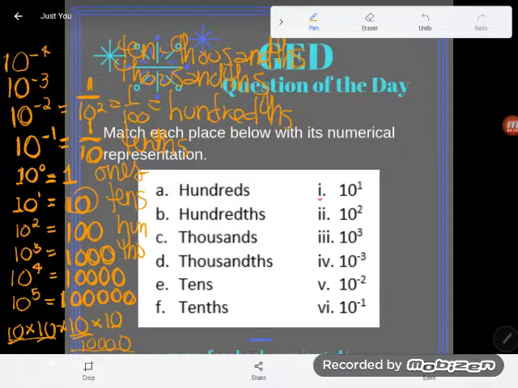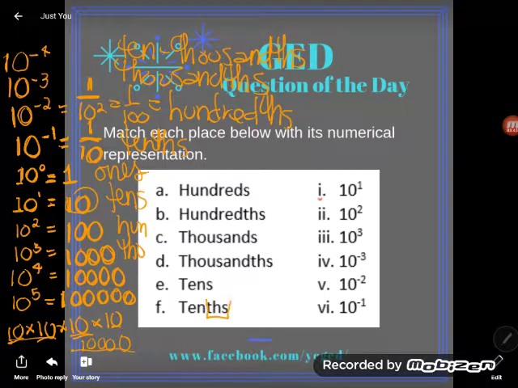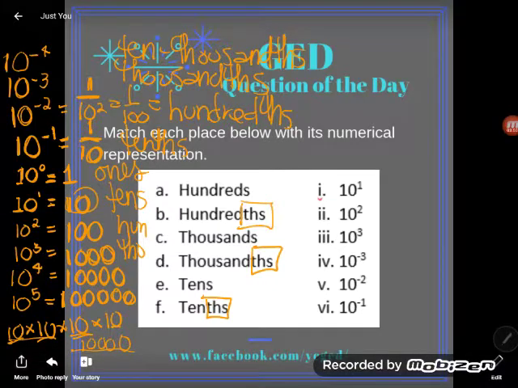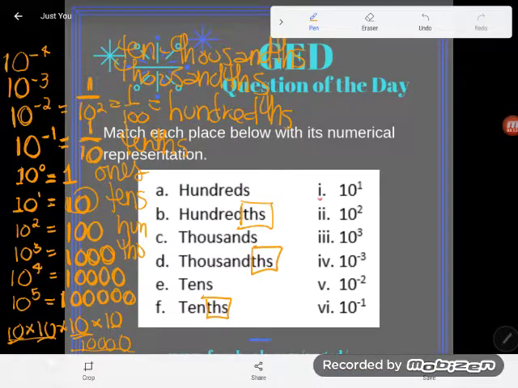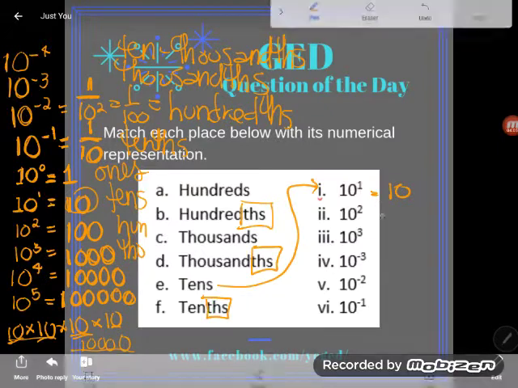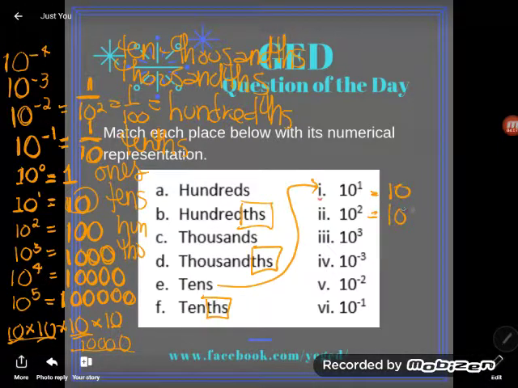Okay, knowing that, I should be able to match up all these. Remember that the THs are the pieces and parts of numbers. Those happen with the negatives. So I'm going to match up my positive exponents first to my whole numbers. So a 10 is just a 10 to the first power. Similarly, 10 to the second power is 10 times 10, or hundreds.